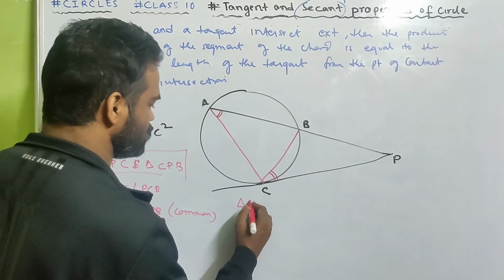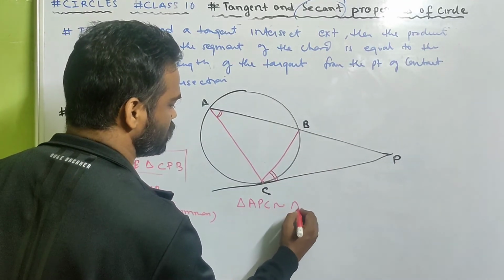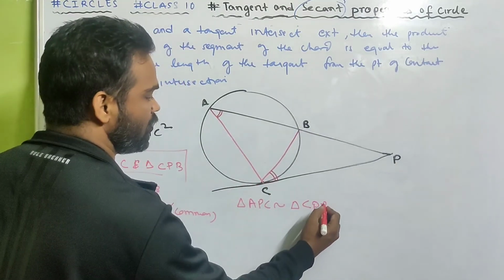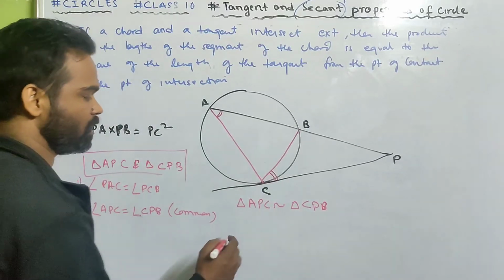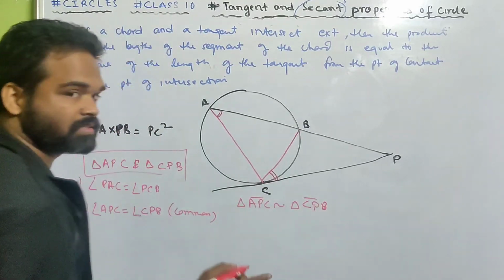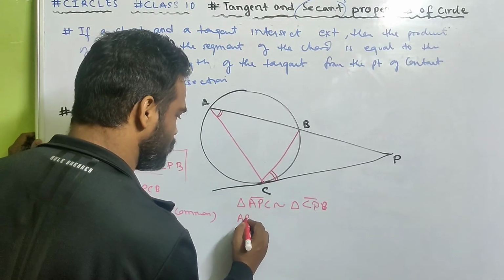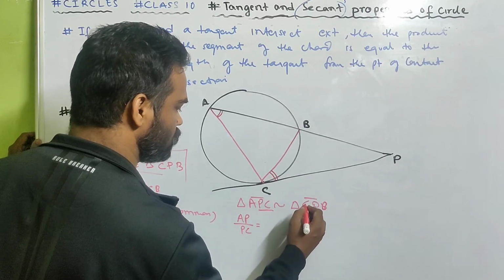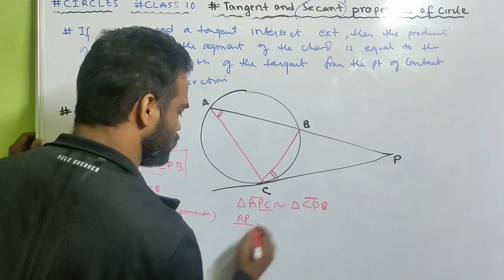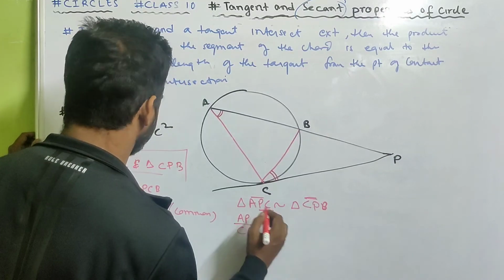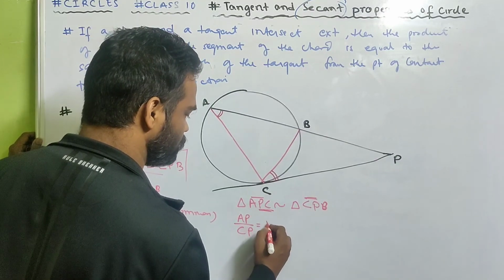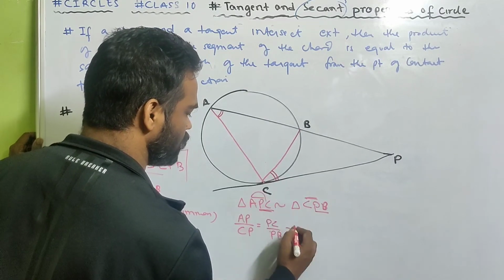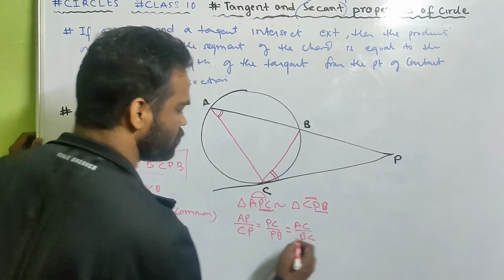Triangle APC is similar to triangle CPB, A corresponds to C. Now, if they are similar, we know the corresponding sides are proportional, which means AP by CP is equal to PC by PB is equal to AC by BC.